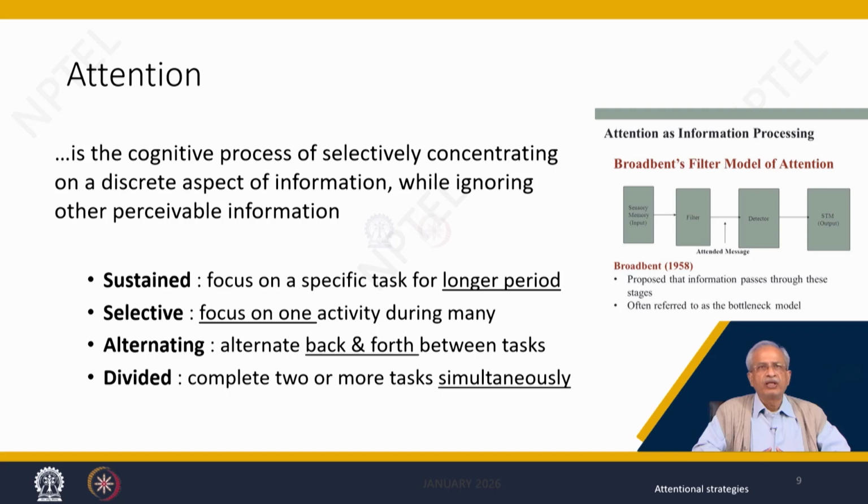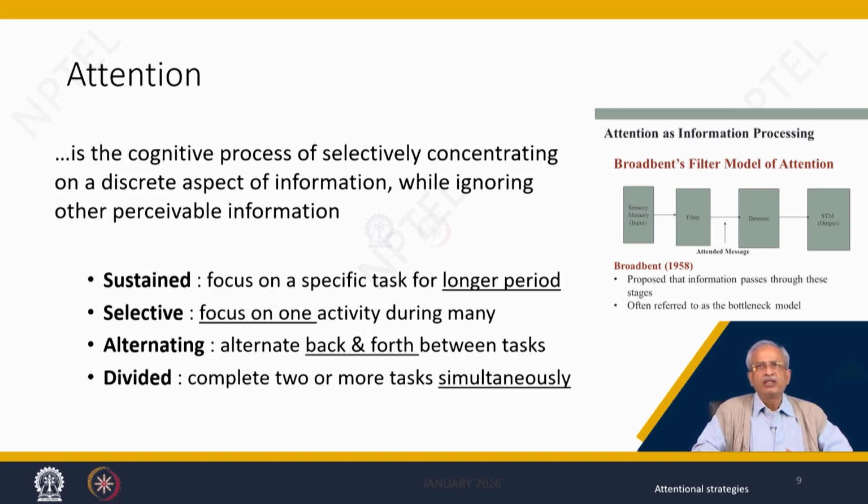And finally, there is divided attention, where we complete two or more tasks simultaneously, not sequentially. In alternating attention, the information is processed in a sequential manner, but in divided attention it is done simultaneously, two tasks done at one go.